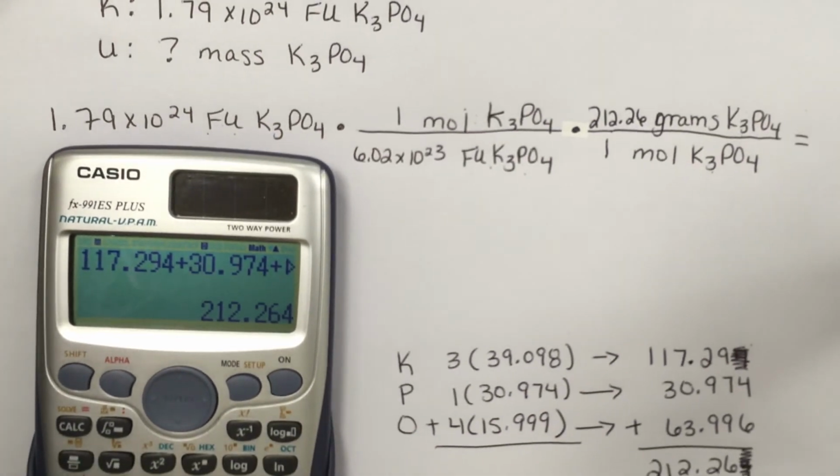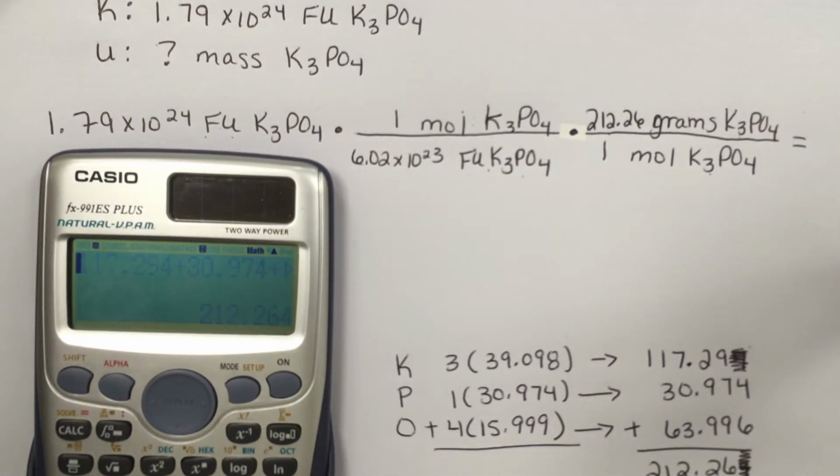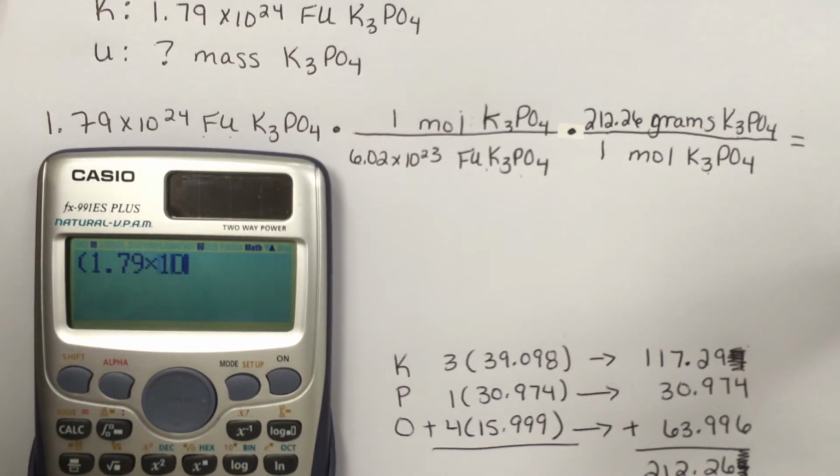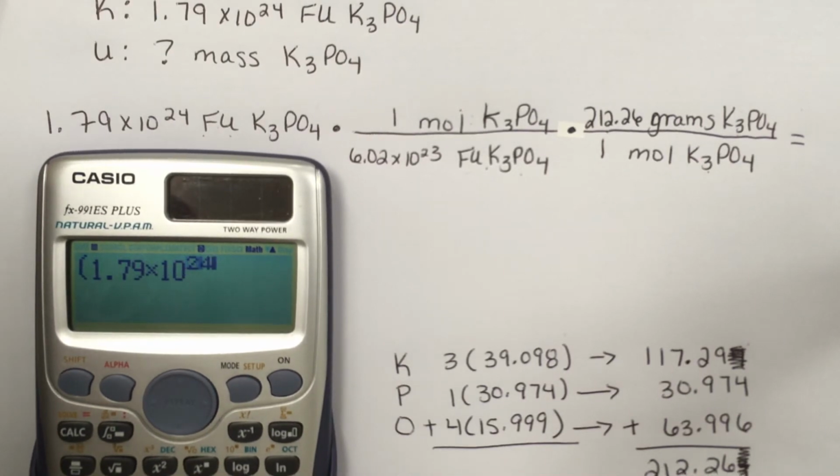I want you guys to see how to type it in the calculator. There are many ways to do it, but this is how I do it to make sure I don't screw it up. 1.79 times 10 to the 24th.